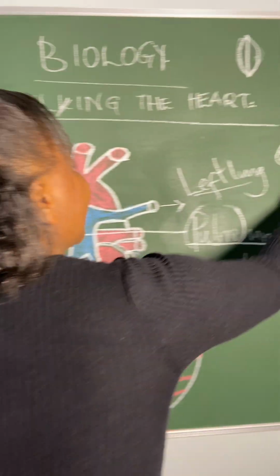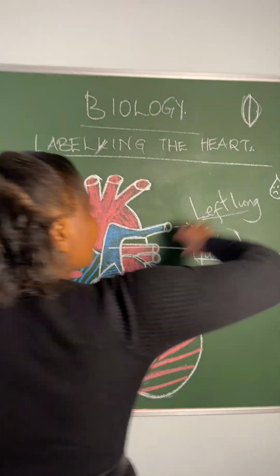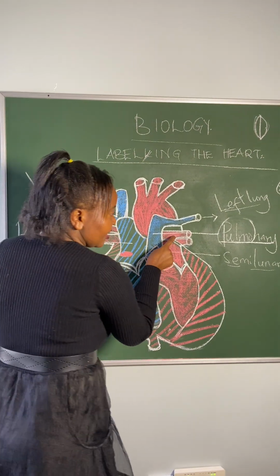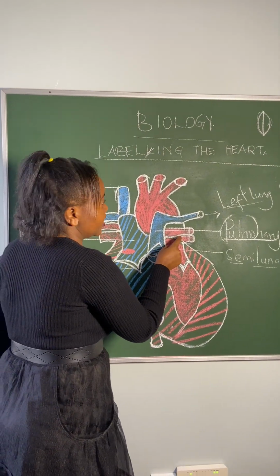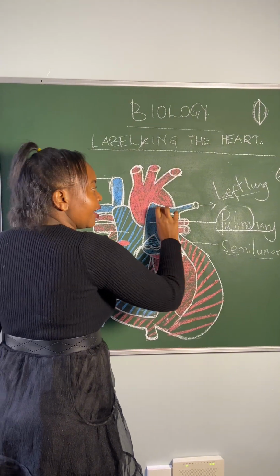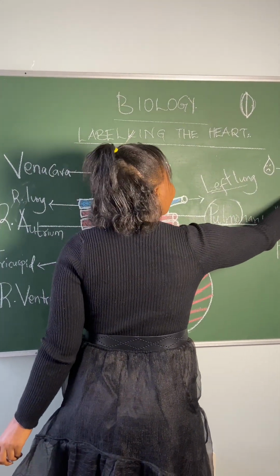So this oxygenated blood lazima sasa irudishe wapi? Kwa heart. Sawa sawa. So this blood oxygenated is taken again by this vein. Unaona sasa imekuwa red. Red means oxygenated. So imechukuliwa na pulmonary artery, ikaenda hivi, lung ikapatia hiyo damu oxygen, ikasmile, ikakuwa oxygenated.